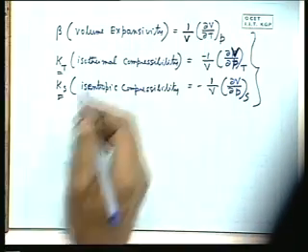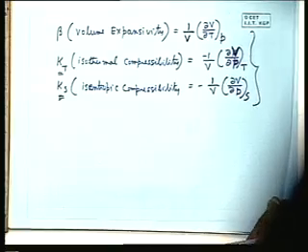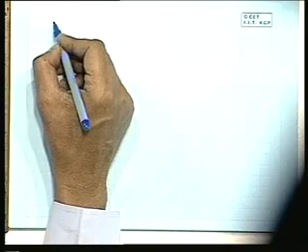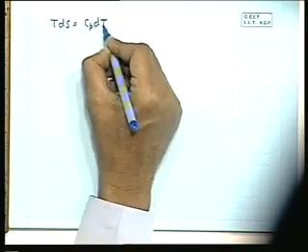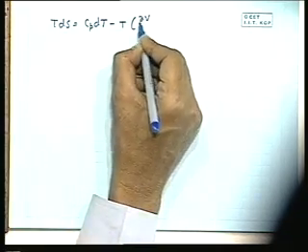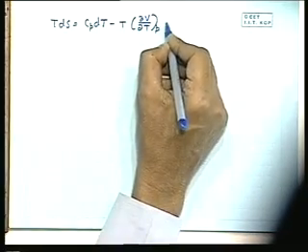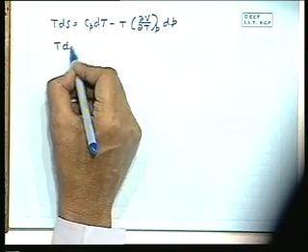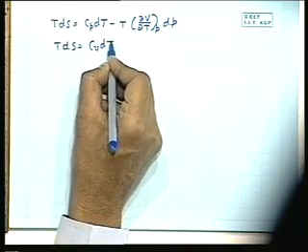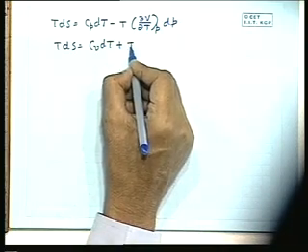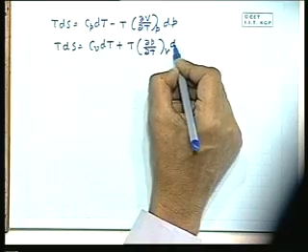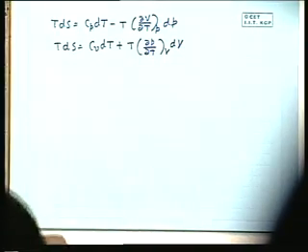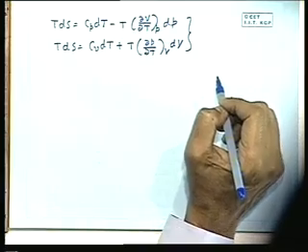Now again, if I write the two TDS equations, you see that one is TDS is Cp dT minus T del V del T at P dP, and the first TDS equation is TDS is Cv dT plus T del P del T V dV. Now I can exploit these two equations to derive the ratio between Cp and Cv.